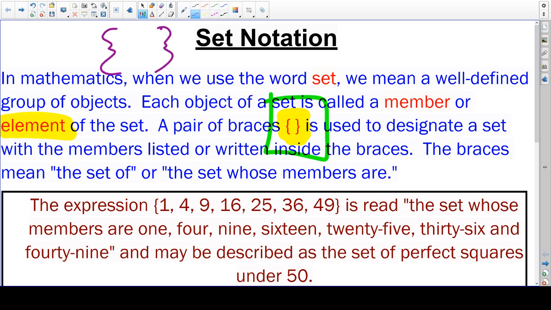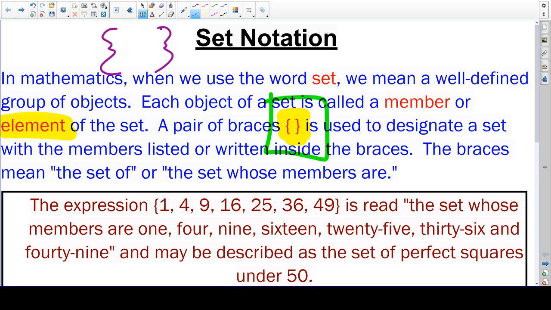Those are the types of brackets we need to use when we talk about a set. You can't use other brackets. I mean, you can, you're just wrong. But you have to use those brace brackets when you're talking about a set. That's one of the rules. It's one of those things you have to look out for.